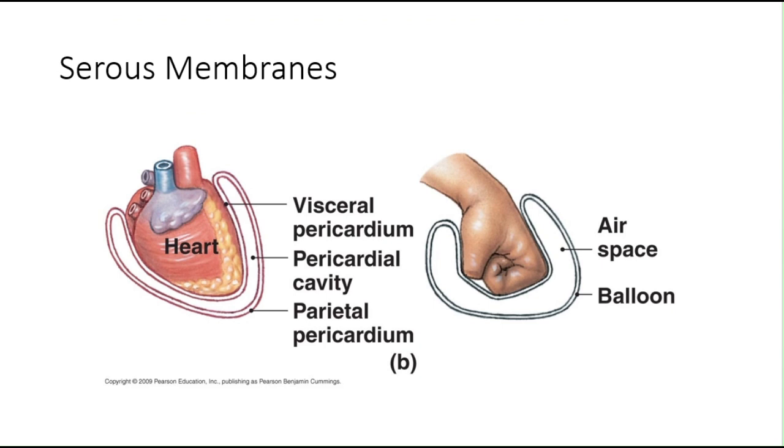Another term we should know is serous membrane. What is serous membrane? Our organs, for example the heart, lungs, or intestine, are covered by epithelial tissue, or epithelium. What is epithelial tissue? We will find it out later, in some other video.